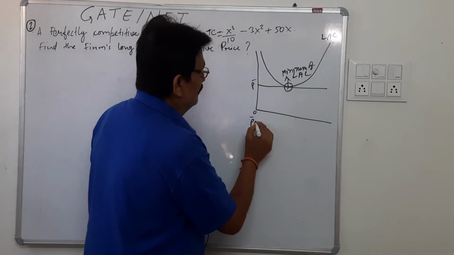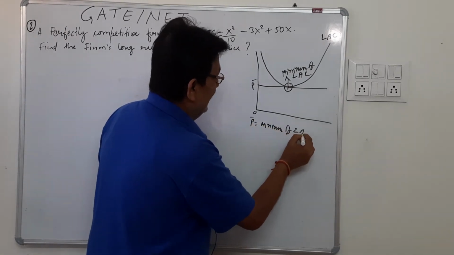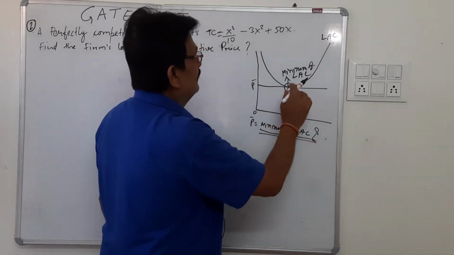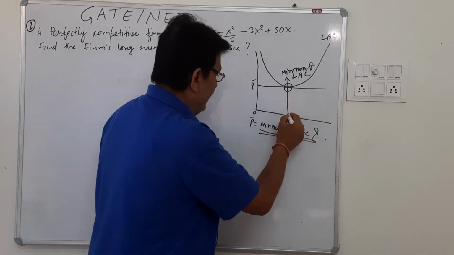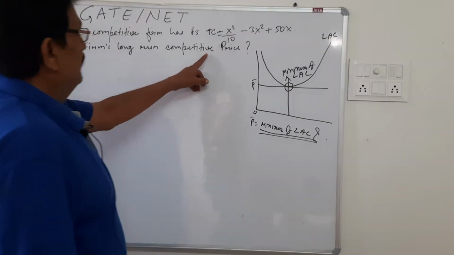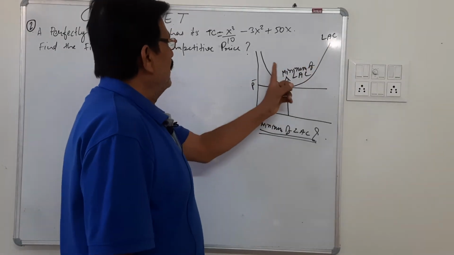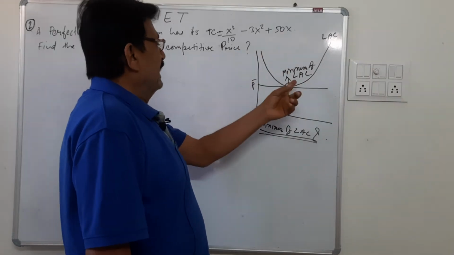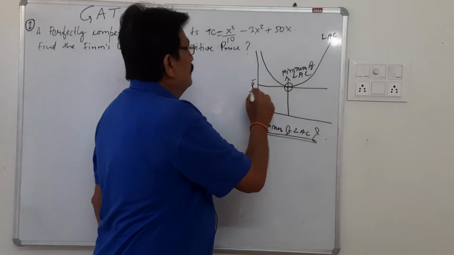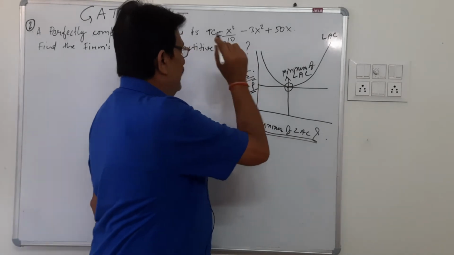So the competitive firm price would be the minimum of LAC. This is the minimum of AC, and this happens to be the price of the competitive firm. So for finding the price from this cost function, you will have to minimize the long run average cost. At the minimum of LAC, the value of LAC would be the price, and it is going to be 27.5.